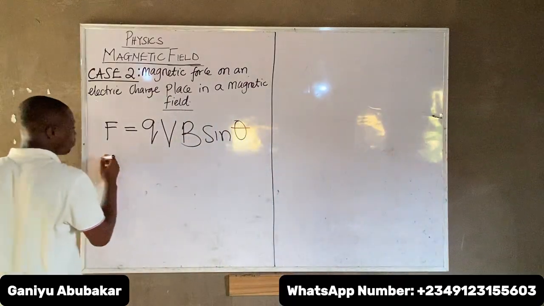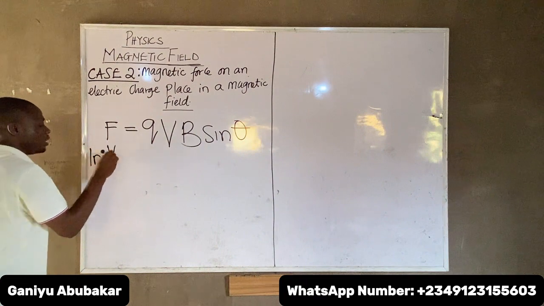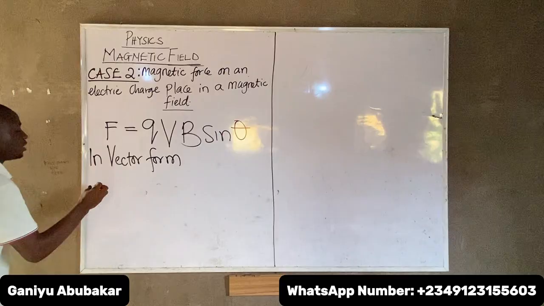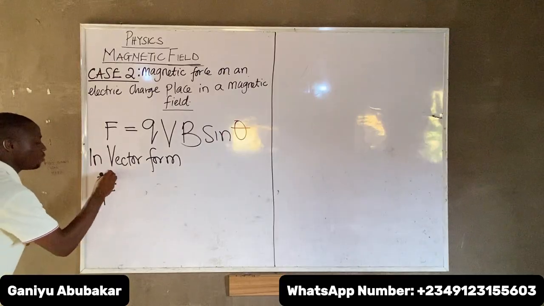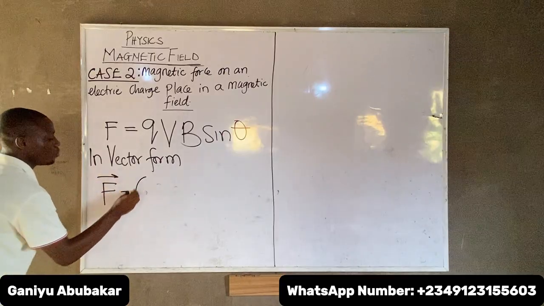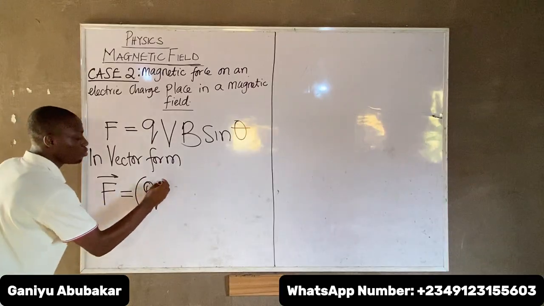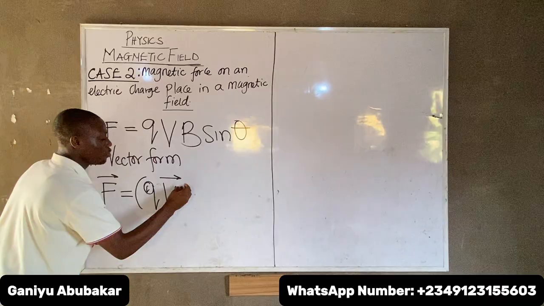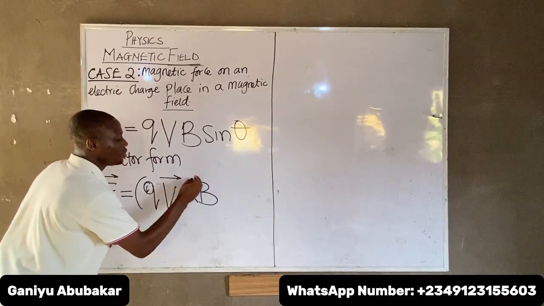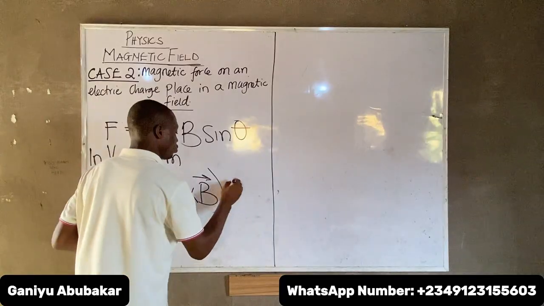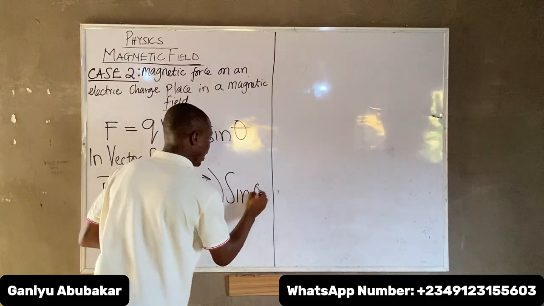In vector form, this is written as F is equal to Q V cross B.